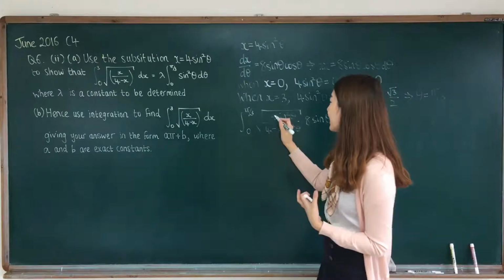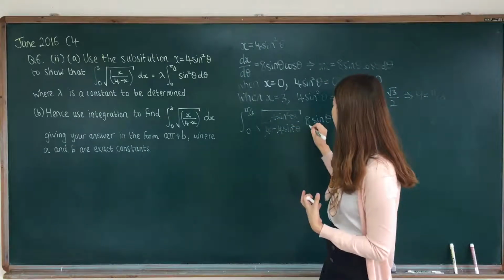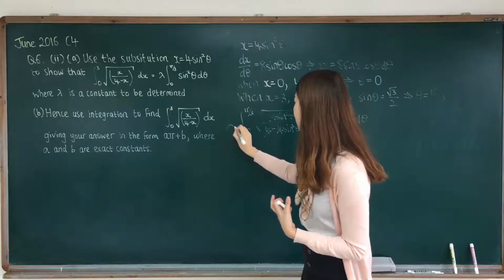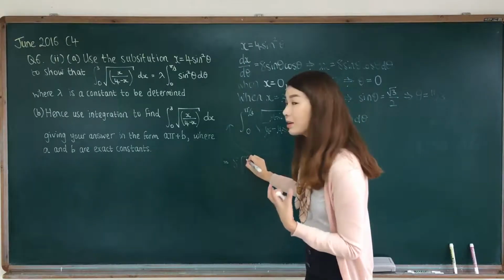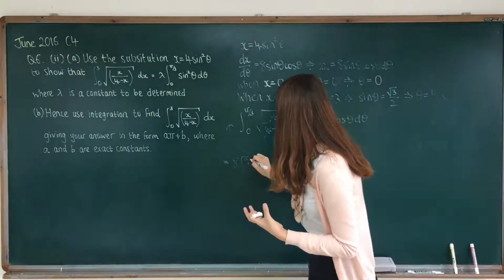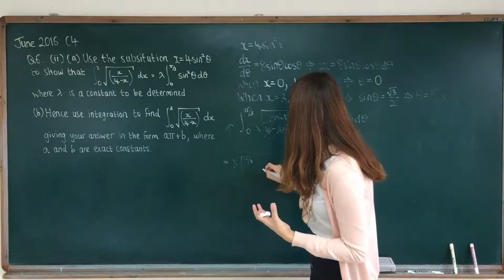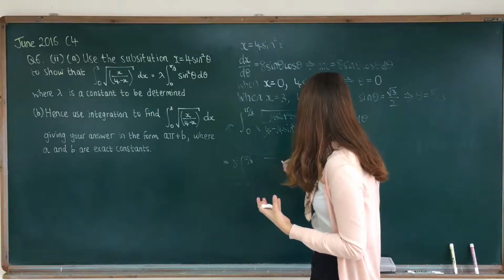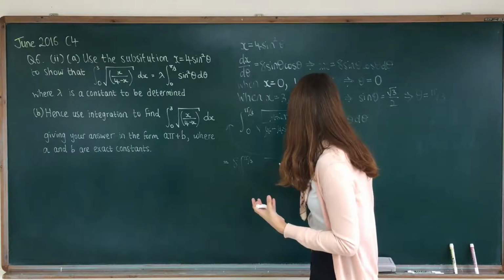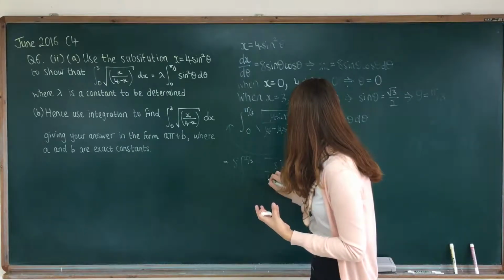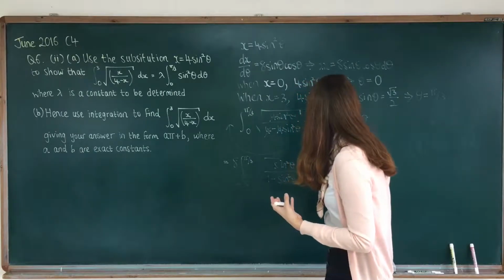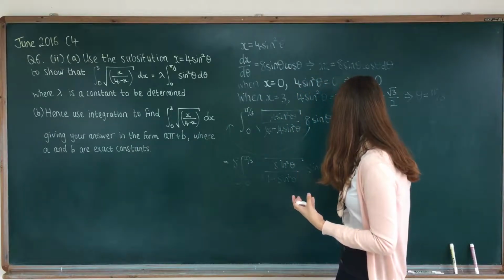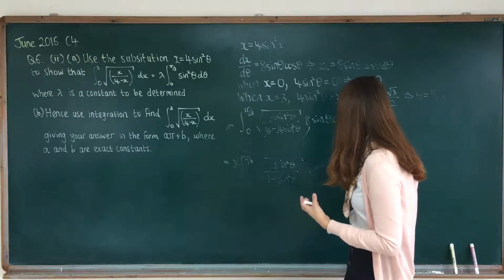And by looking at this, I automatically want to cancel my 4 and take 8 out to get, well, just to make it simple, the square root of sine squared theta over 1 minus sine squared theta, sine theta cos theta d theta.